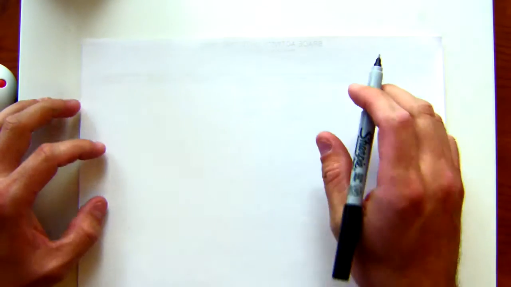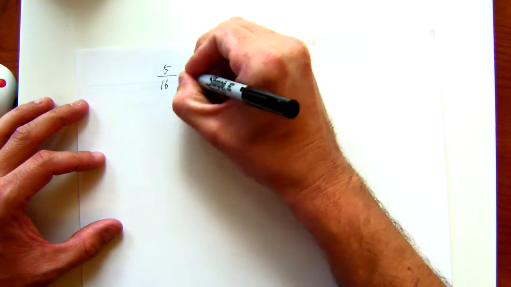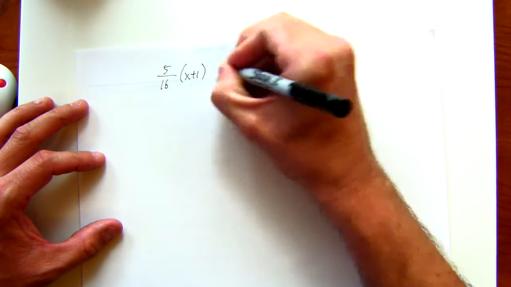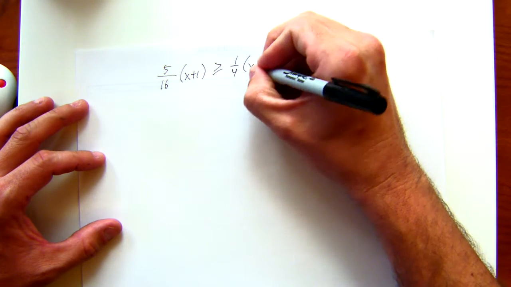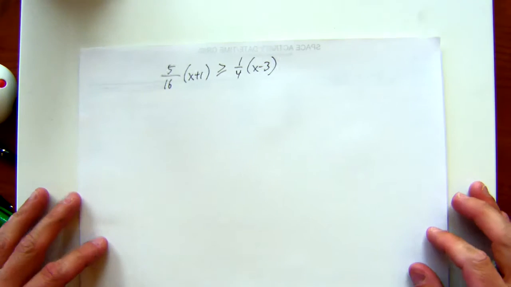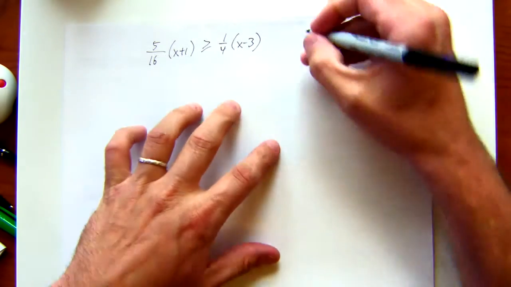Let's do a few more. I want to practice a couple of things. 5 over 16 times x plus 1 is greater than or equal to 1 over 4 times x minus 3. Okay, this is starting to look like one of the equations that was on your last test. So what's the strategy for clearing fractions?